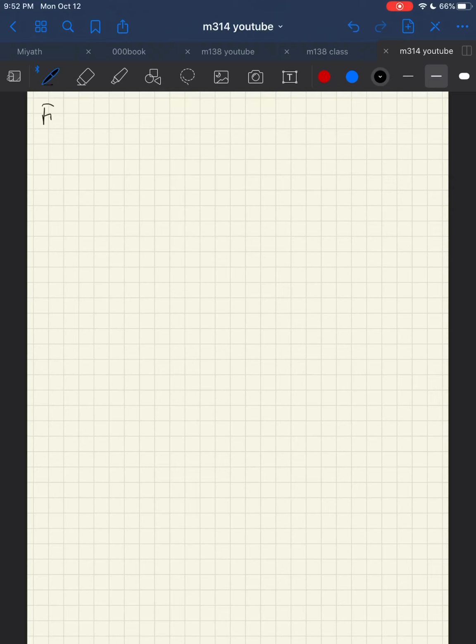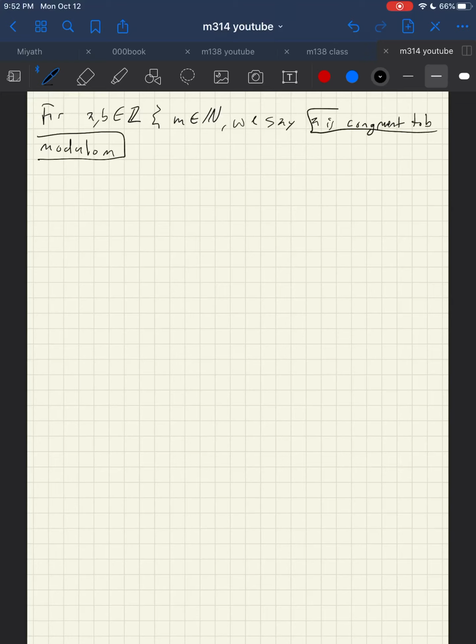So for integers a and b and a natural number m, we say a is congruent to b modulo m if m divides a minus b, or equivalently m divides b minus a.